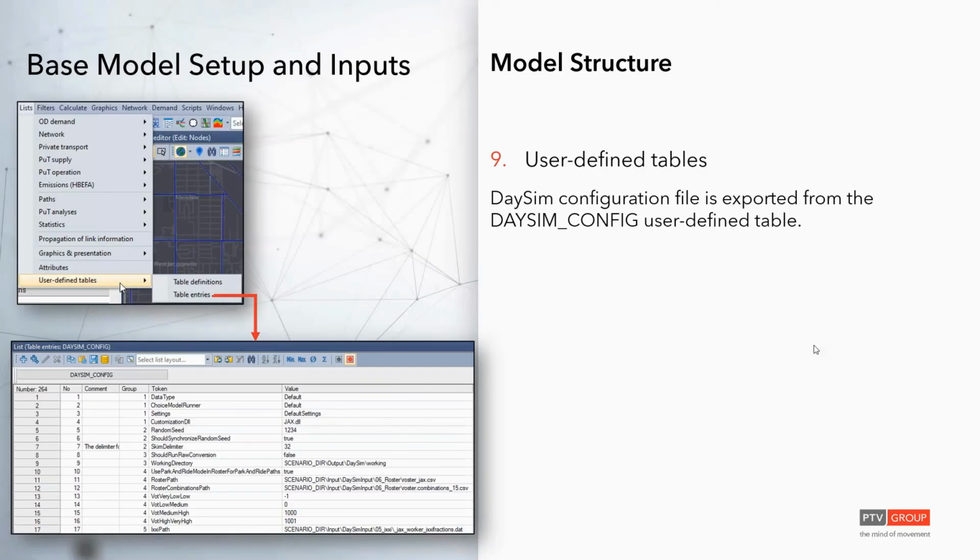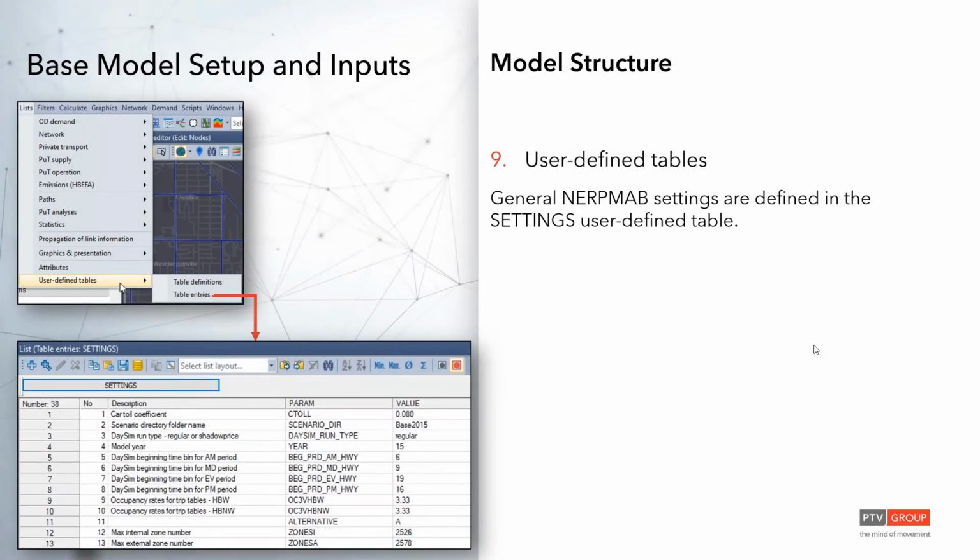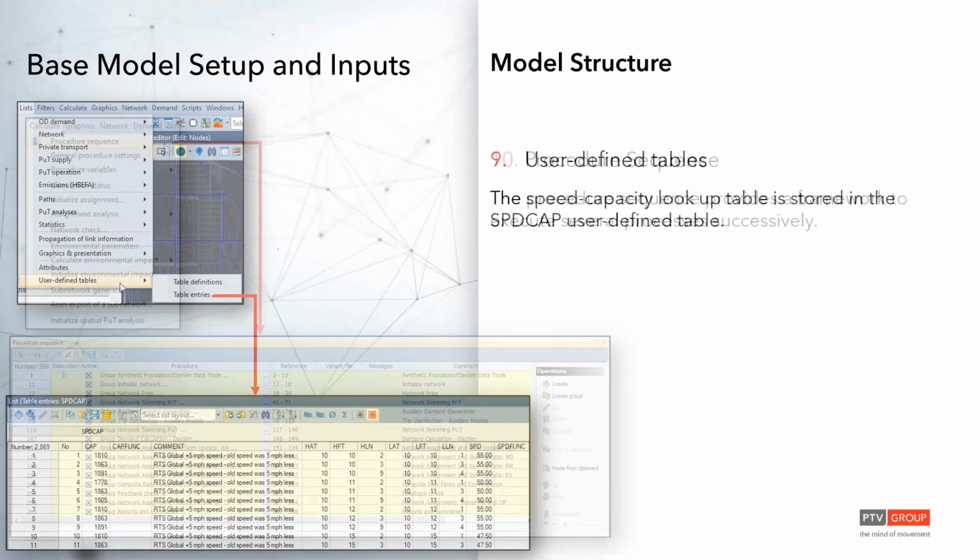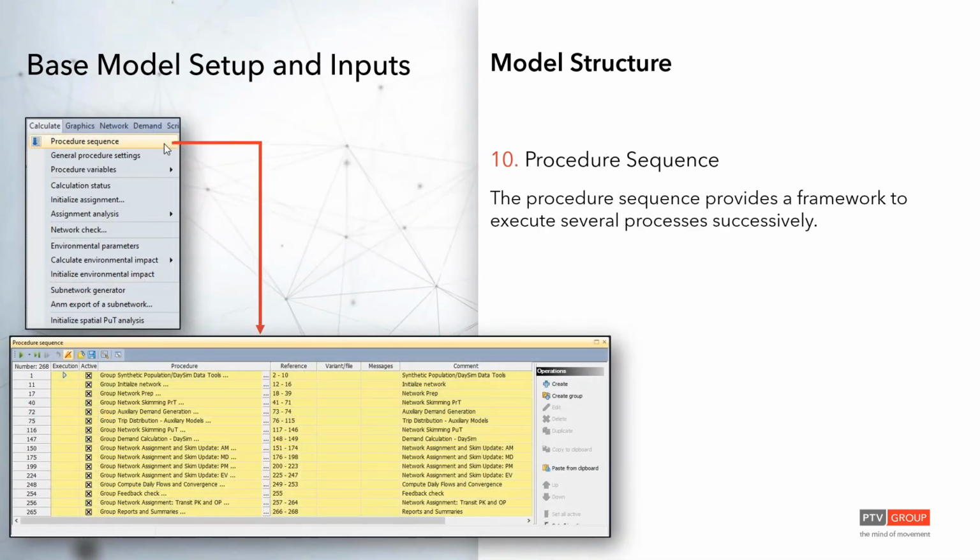Okay, let's keep going here. So finally, the most important element of model structure is the procedure sequence, which provides a framework to define what operations to run and in what sequence to complete a model run.